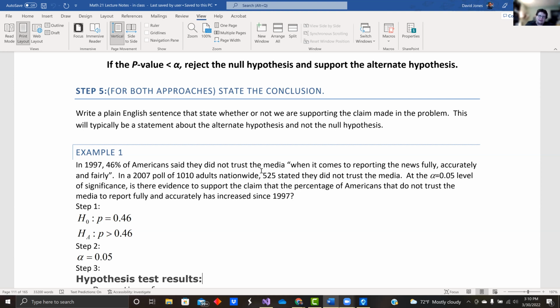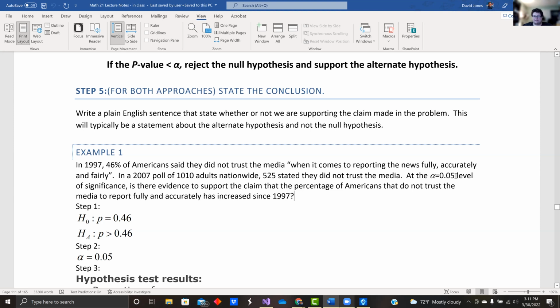It tells me that 525 did not trust the media out of 1,010 adults. It sounds like the 1,010 is the sample size, and that 525 were in the do not trust group, which is the same category as the 46%. So that's the group they're talking about.